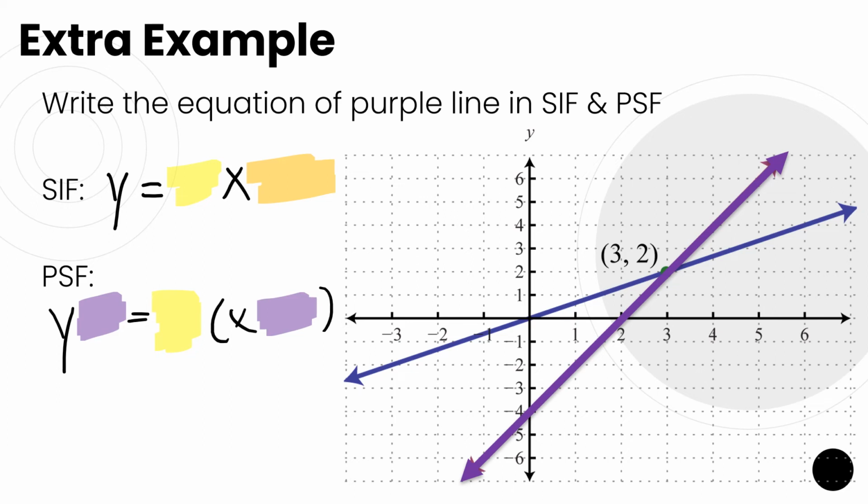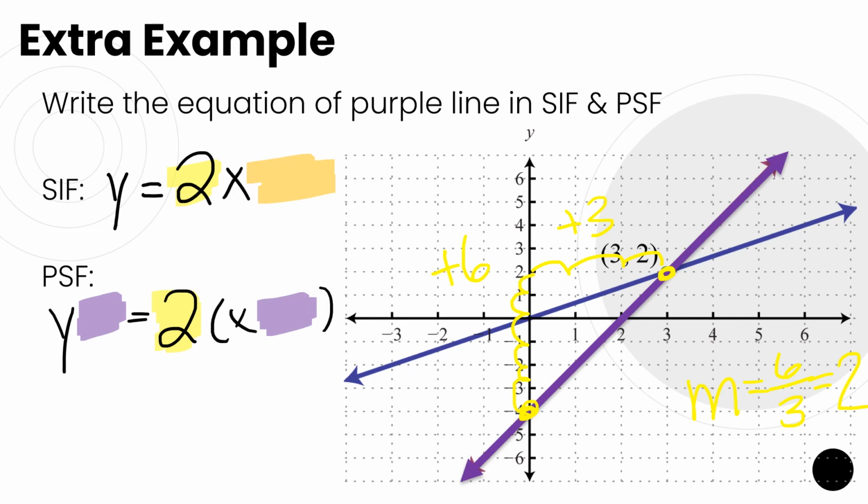All right, let's talk about that slope. Purple, I see a dot here and I see a dot here. Maybe you see different ones, but I'm going to count. Rise 1, 2, 3, 4, 5, 6. Positive 6. Run 1, 2, 3. Positive 3. Well, wait a second. My m is 6 over 3. What's 6 divided by 3? 2. So my slope is 2.